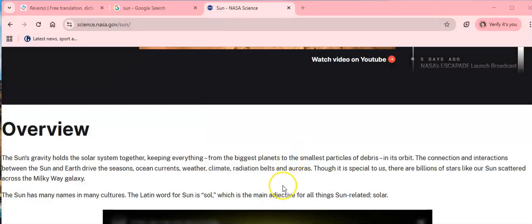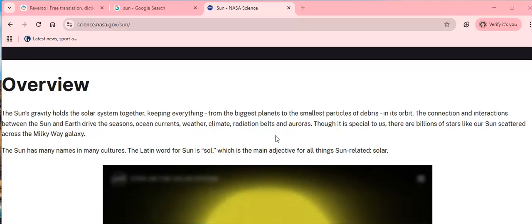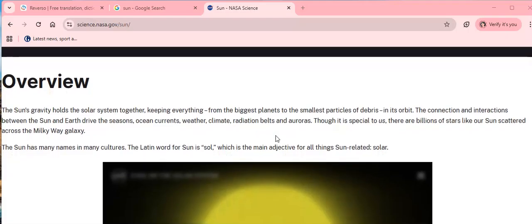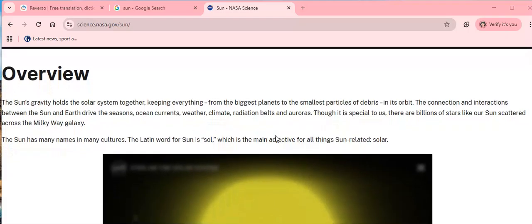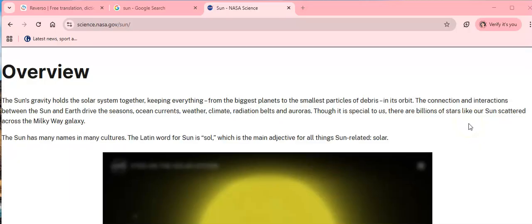So it's the sun's gravity that holds our solar system together. It keeps everything from the biggest planets to the smallest particles of debris in its orbit. Does that mean we would just fly off if there was no sun? Yes. And we wouldn't be here if we were just flying off in space. Earth maybe as a planet, but it would need the sun to look as beautiful as it does.